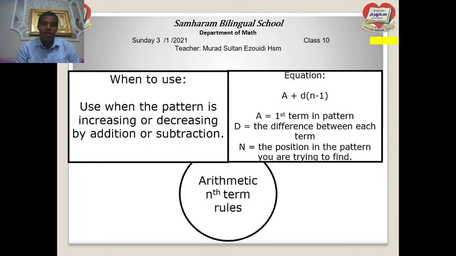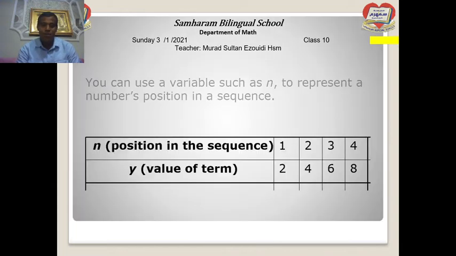Then let's be familiar with the arithmetic nth term rules. You can use a variable such as n to represent a number's position in a sequence. N is equal to 1, 2, 3, and 4, and y is the value of the term, or the nth term.